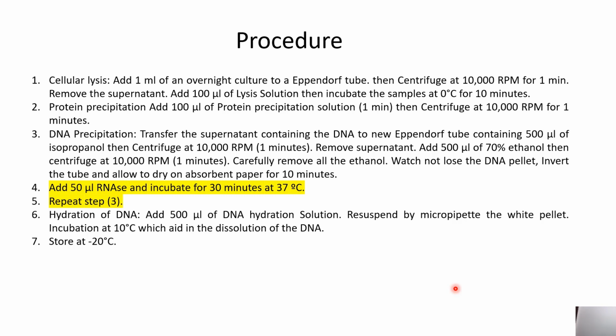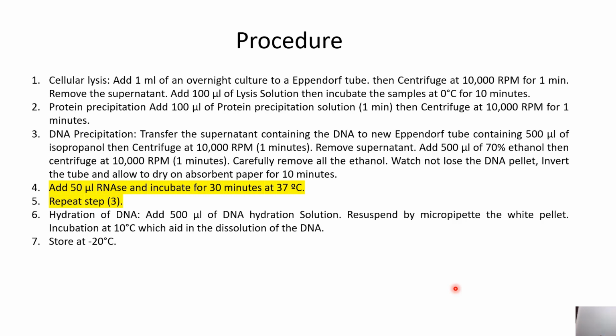Then you do the DNA precipitation step: you transfer the supernatant to a tube containing isopropanol and centrifuge. Then remove the supernatant, then you add ethanol and centrifuge again. Then you watch not to lose the DNA pellet, invert the tube and allow it to dry on absorbent paper for 10 minutes or so.